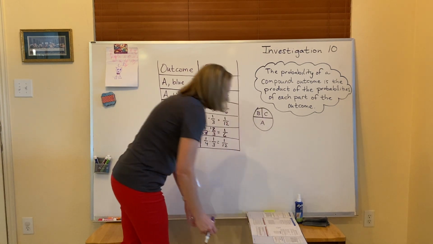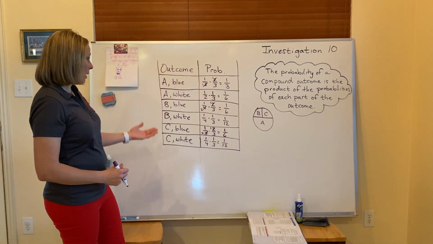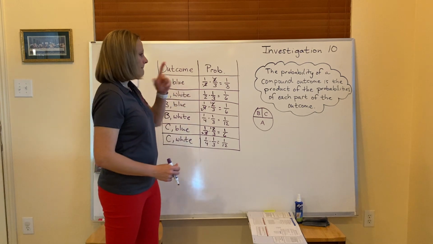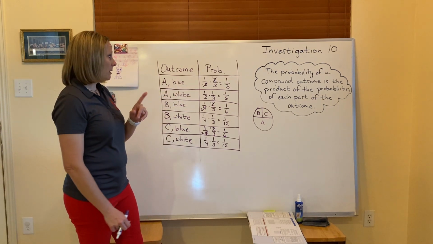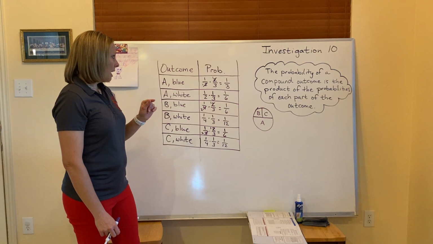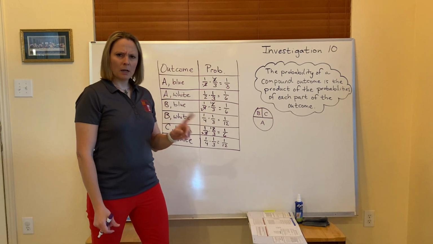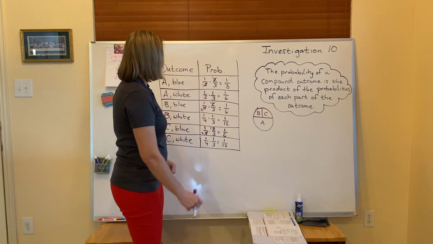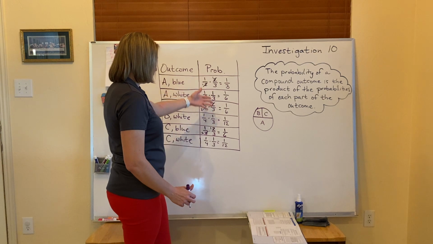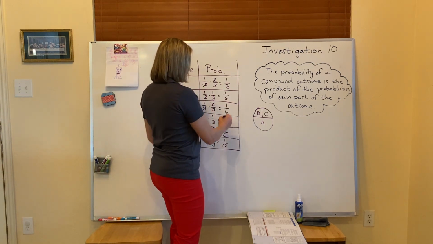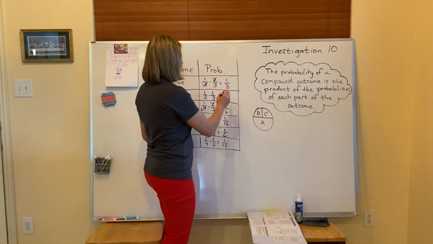Okay, and then we can add up the sum of all of the probabilities. When we add up the sum of all of the probabilities, it should equal what? 1, right? Okay, so here we go. Let's use twelfths. So we'll convert everything to twelfths.